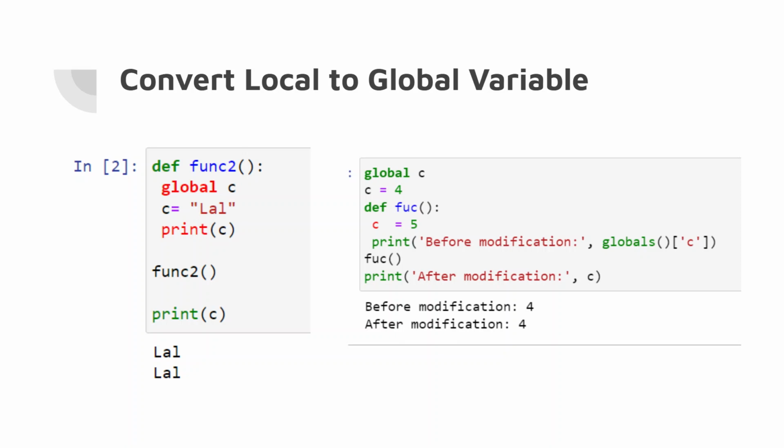You have to use globals function and then square brackets and use your variable, and you can use it. So both values are 4. Why? Because I call it global. If I do not use global and simply use c, it will print 5. So these are two methods if you want to convert local values to global variable.